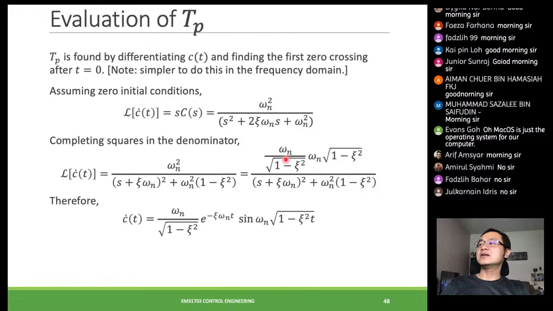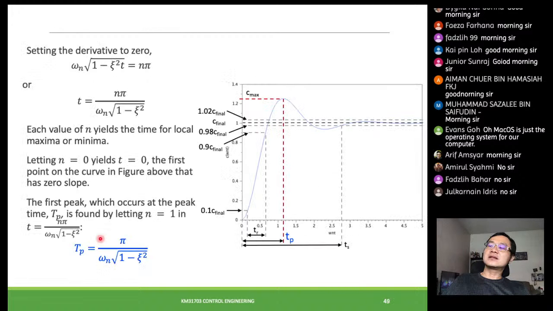So analytically we can solve for the peak time. If you want, you can go through the derivation of this again; we will not go through it in detail here. The only thing is that to identify the peak time, you can calculate it instead of measuring it from the curve.